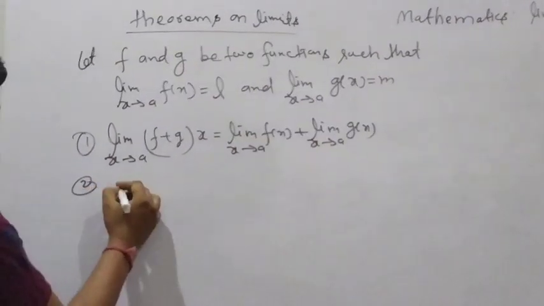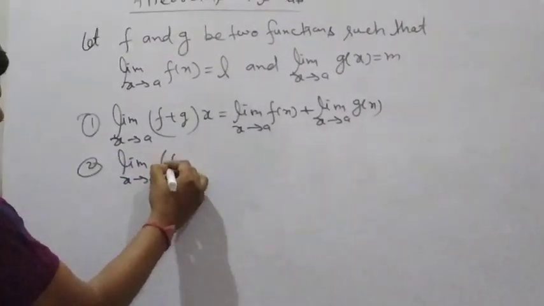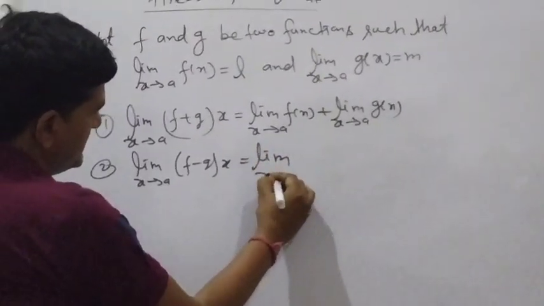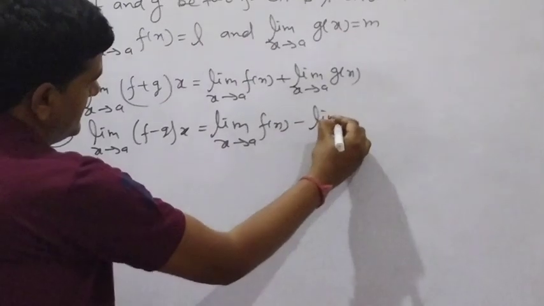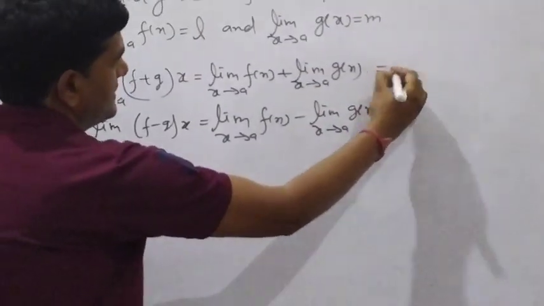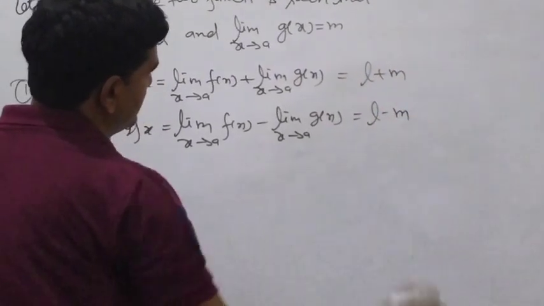The second one is here: limit x tends to a (f minus g)(x) is equal to limit x tends to a f(x) minus limit x tends to a g(x), is equal to L minus M. Why?